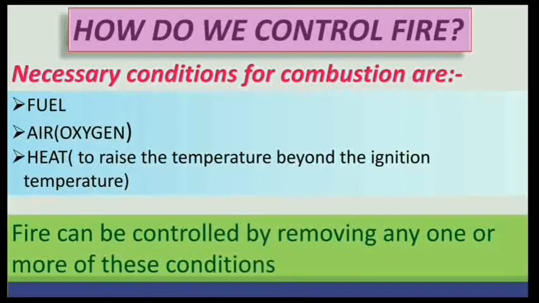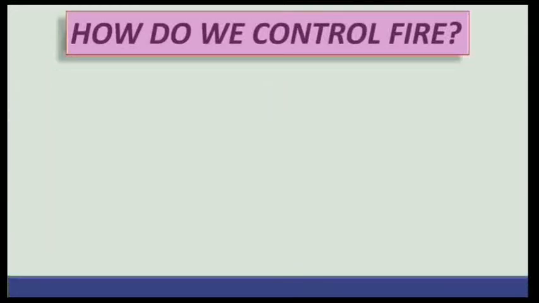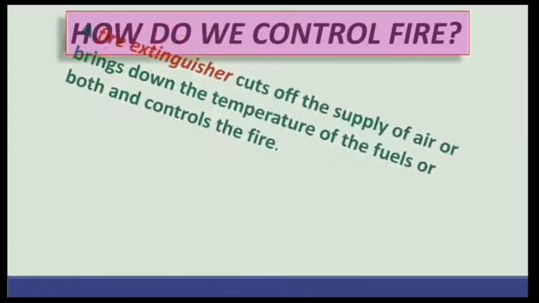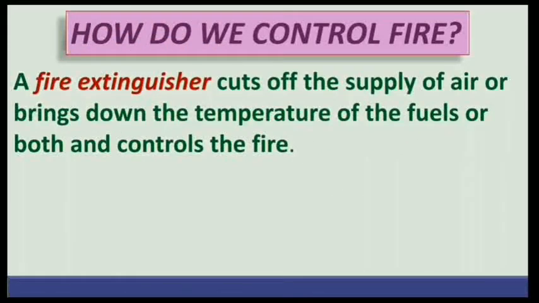Fire can be controlled by removing any one or more of these conditions. To control fire, we use a fire extinguisher. A fire extinguisher cuts off the supply of air or brings down the temperature of the fuel or both, and controls the fire.